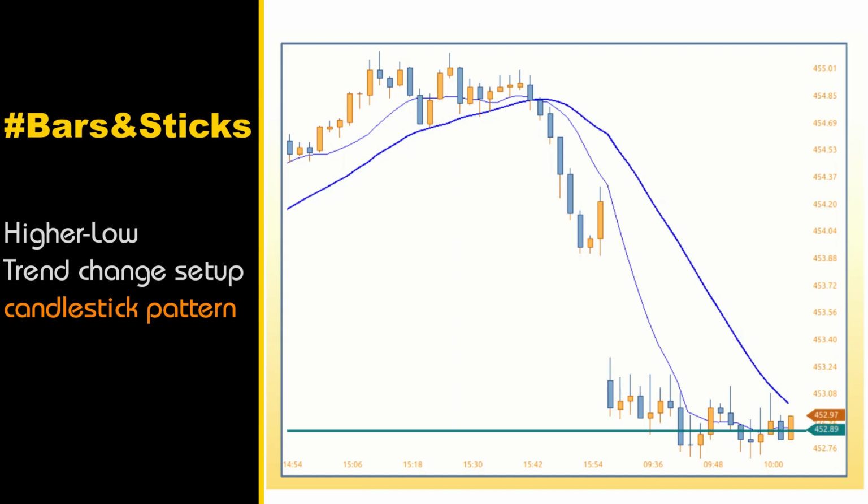Now what would be ideal is to see a big move up and then small little moves down that stay above this moving average. Now if that happens, that would be positive.